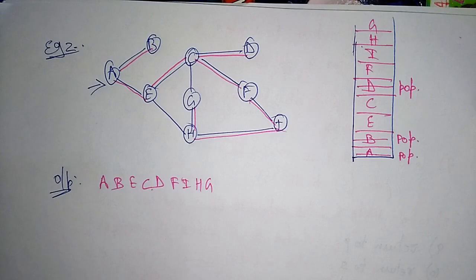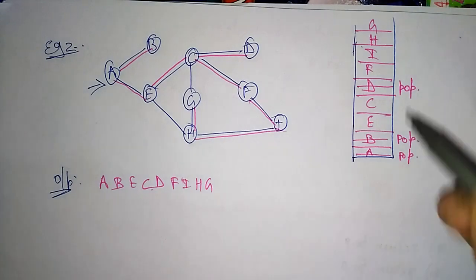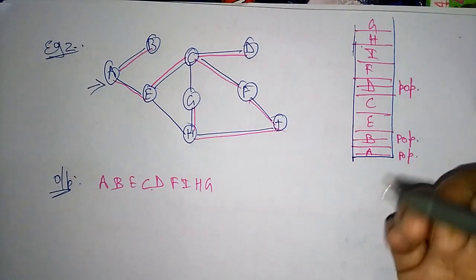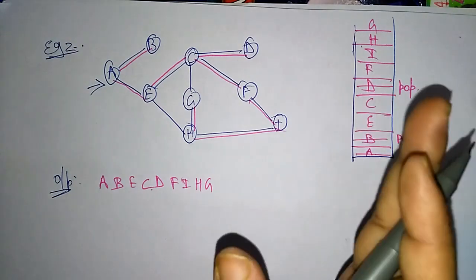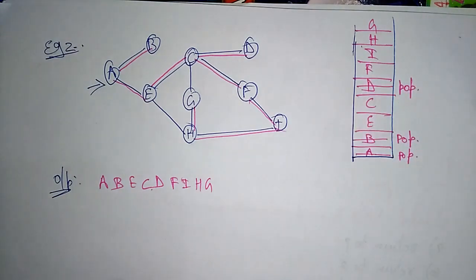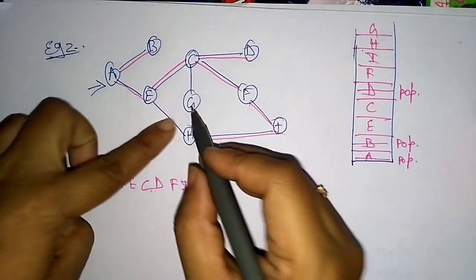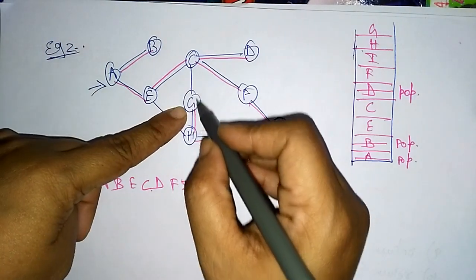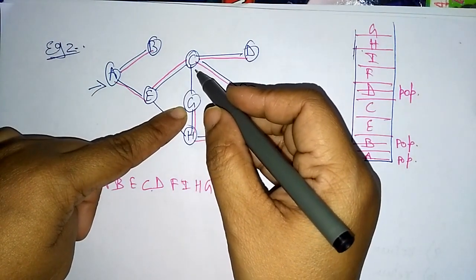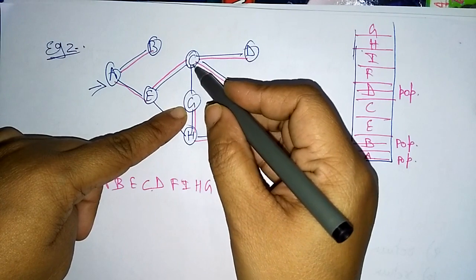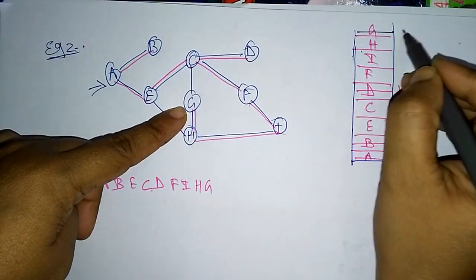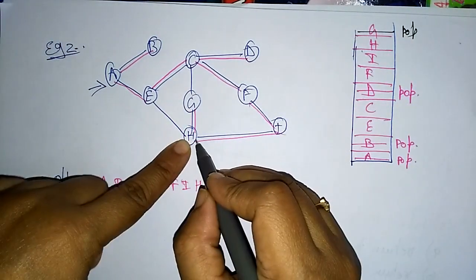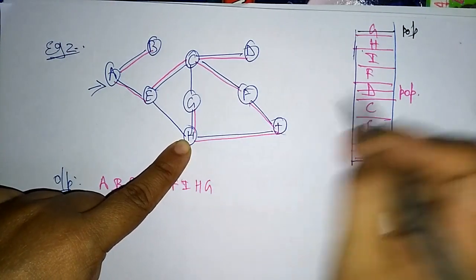So you have to pop all the elements, the top elements one by one, by checking whether the adjacent vertices are visited or not. Now just do the pop. First G. For G, C is already visited and H is already visited. Just pop it. Coming to H, E, G, I are all visited.